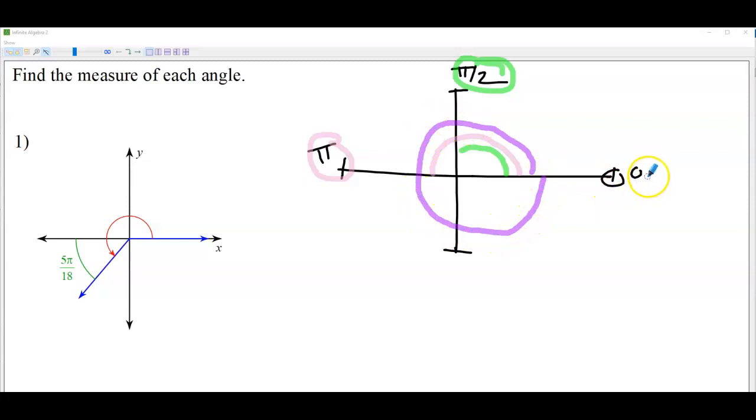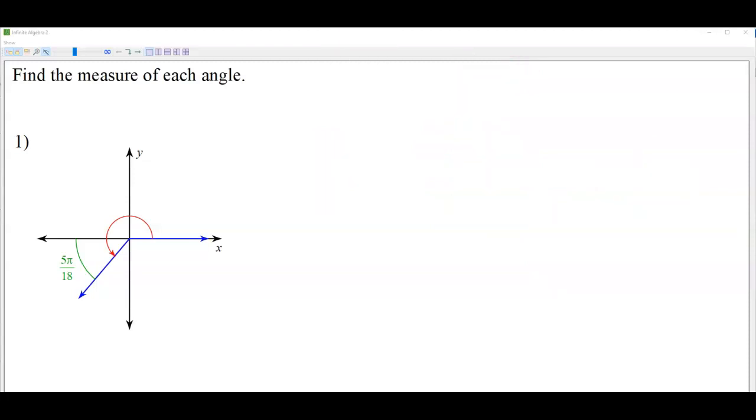If you ever see one of those, that's a 2 pi. Okay? So, something to keep in mind before we begin is that a quarter turn, represented in green here, is pi over 2. A half turn, halfway around, is pi. And a full turn, all the way around the circle, is 2 pi. Okay? That might be something to keep in mind. Be helpful for our problems today.